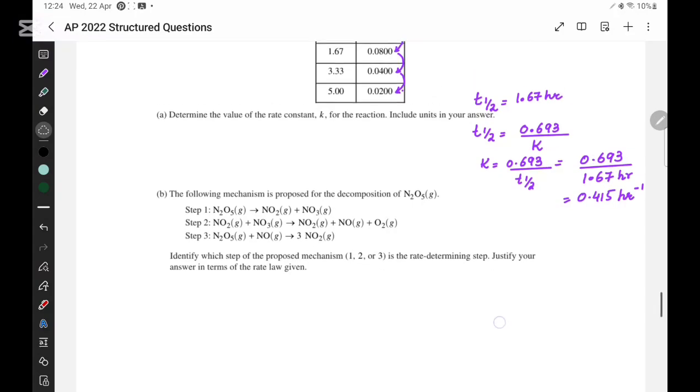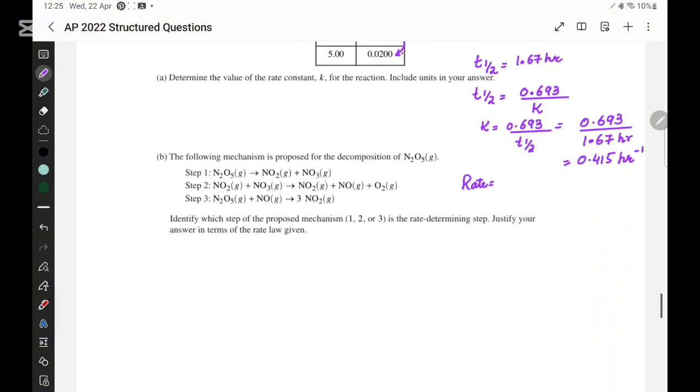So for the next question, they are saying we have given different steps here, step 1, step 2, step 3. Identify which step of the proposed mechanism is the rate determining step. So first of all, the rate equation that is given to us is rate equal to K times the concentration of N2O5.